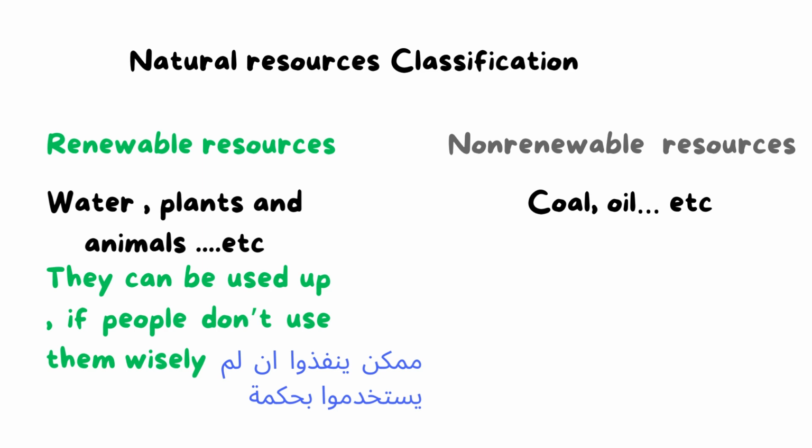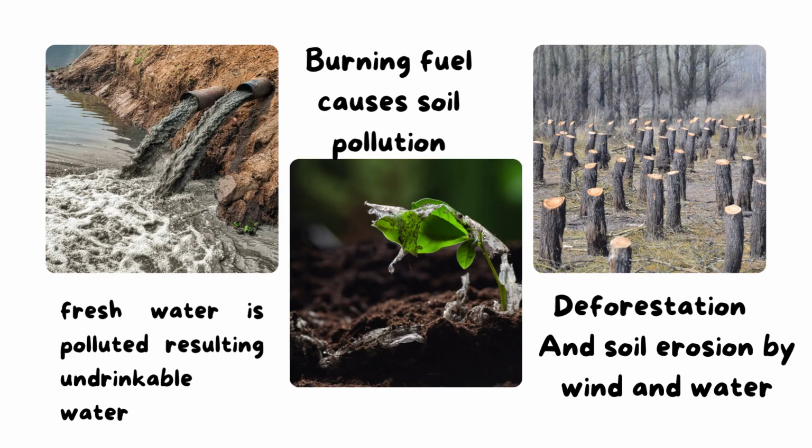As they are renewable, they can be replaced, but if people don't use them wisely, they will run out. And non-renewable resources, such as what? Yes, coal and oil. So we need to conserve all the natural resources, whether they are renewable or non-renewable.